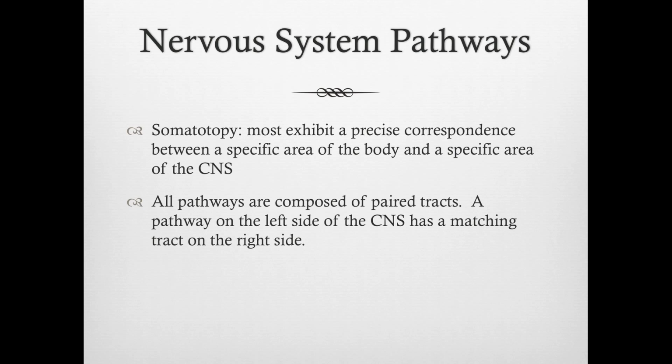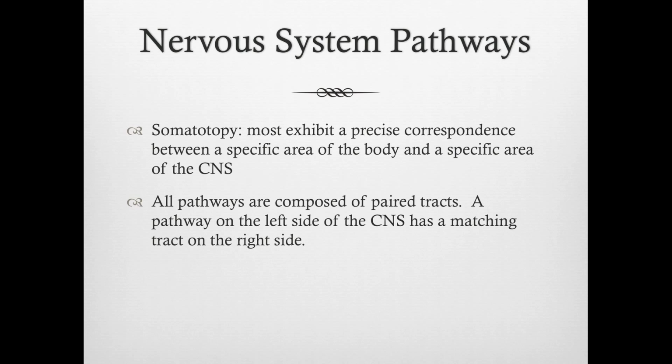And if you think about this, a lot of this refers back to that wonderful figure that I like to joke about, but it demonstrates the primary motor cortex and the primary somatosensory cortex of the brain. Because the primary somatosensory cortex is a clear demonstration of a very specific area in the central nervous system that corresponds very specifically to a specific part of the body. So that's a good example of somatotopy, right? And we have the same kind of thing with the motor cortex.